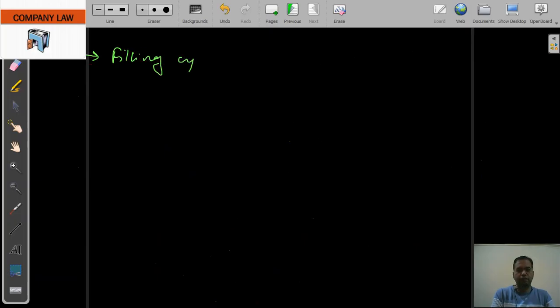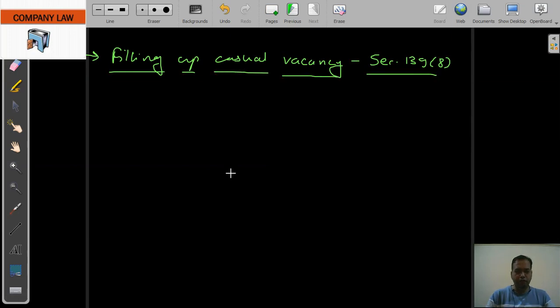Then filling up casual vacancy, Section 139(8). So how can a casual vacancy be filled up? Who can fill up a casual vacancy? The board is authorized to do that.